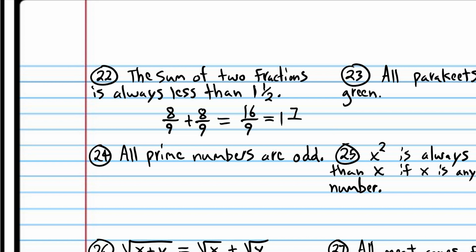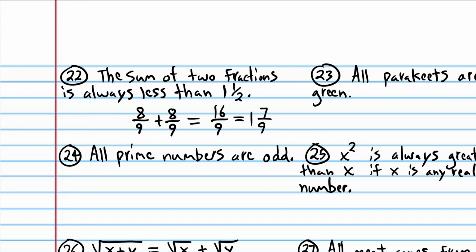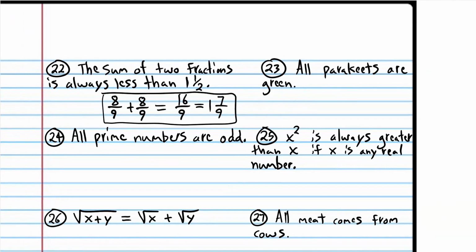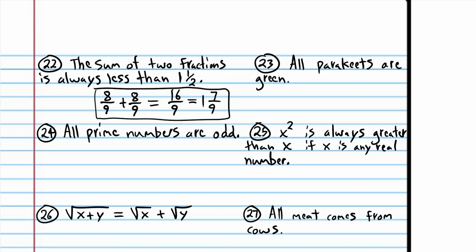That's the remainder. And you write 9 in the denominator. So 1 7/9 is bigger than 1 1/2, as you might imagine. So that's a counterexample. That disproves that statement, or that conjecture.